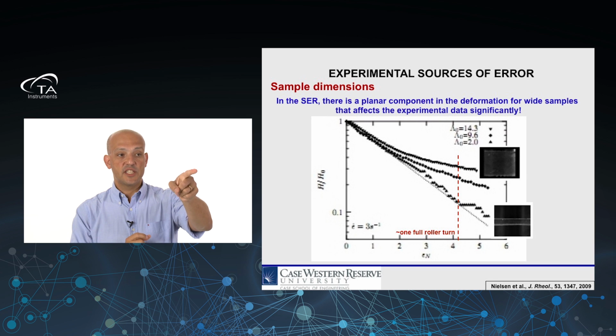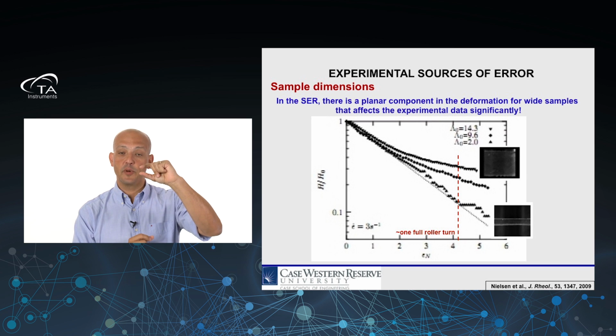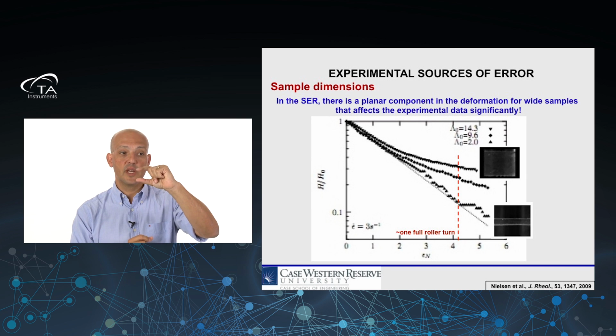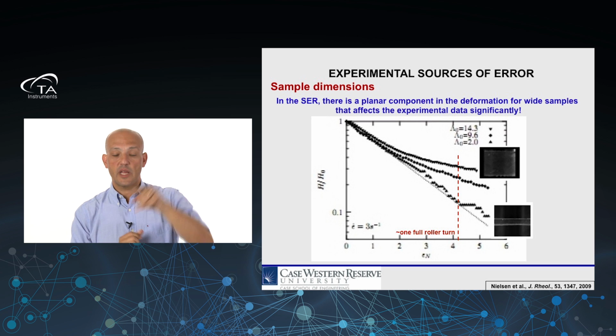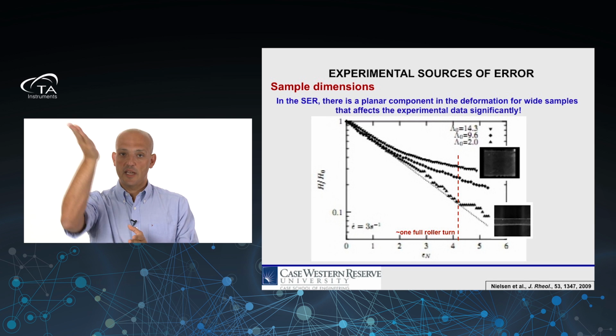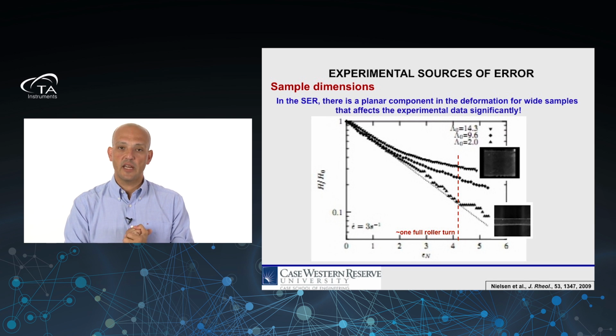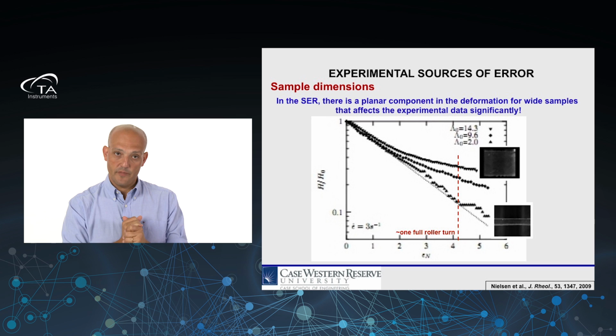But now this is a graph, for example, that shows the evolution of the sample width as a function of time. And if we have a uniaxial extension, this needs to be a straight line with a slope of -1/2 of the strain rate.